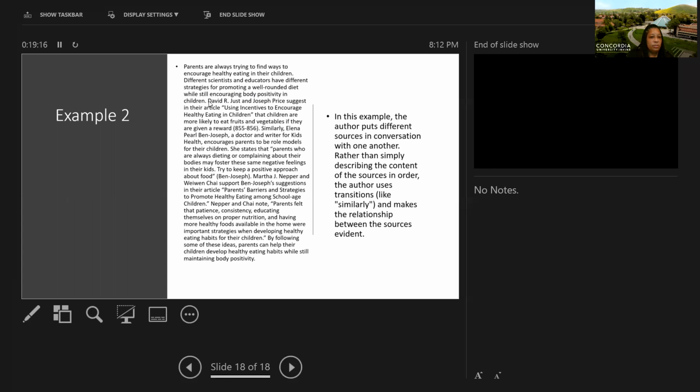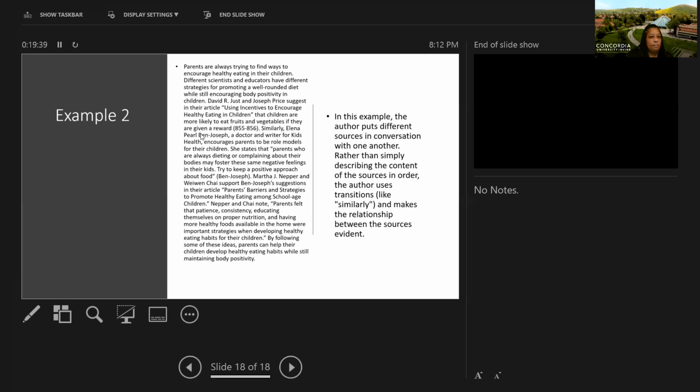Now the writer goes into talking about the specific authors. David R. Just and Joseph Price suggest in their article, Using Incentives to Encourage Healthy Eating in Children, that children are more likely to eat fruits and vegetables if they are given a reward. In the citation. Similarly, here's the connection.